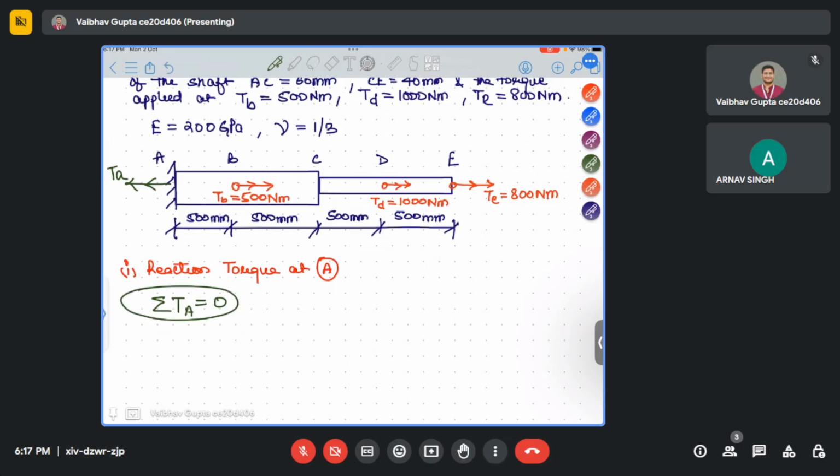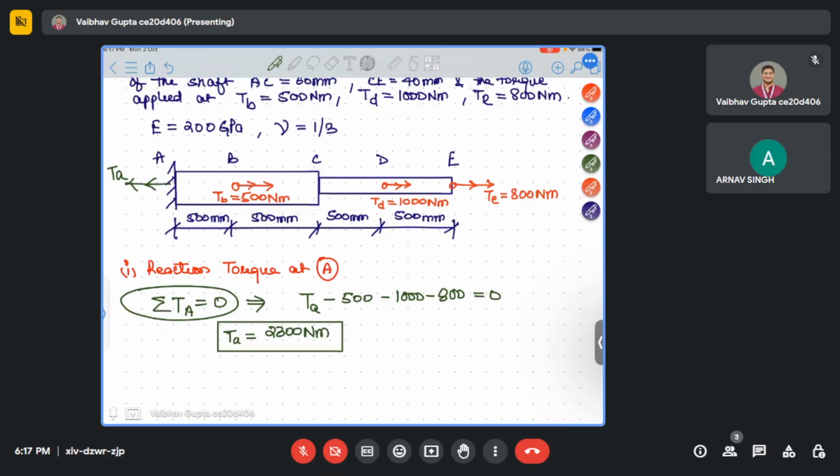So what it means? TA minus 500 minus 1000 minus 800 equal to 0. Okay. Understood? So TA will be equal to 2300 Newton meter.